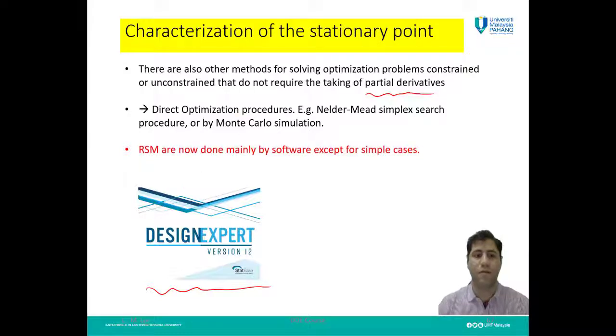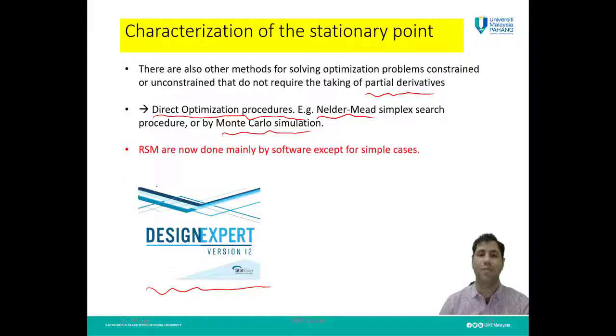We also have direct optimization procedures like the Nelder-Mead simplex search procedure or Monte Carlo simulation. Both of them are famous methods to find the optimum point, which can also be used here for RSM, because as I said, in RSM what is more important is finding that second order model, which we can find by CCD or BBD.